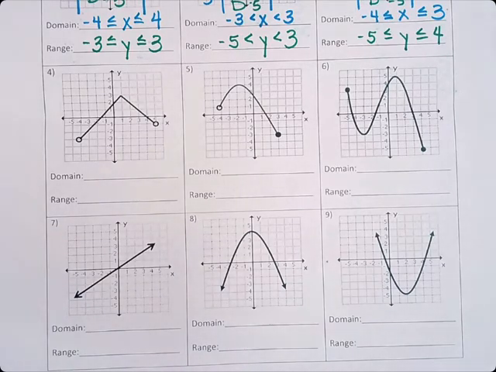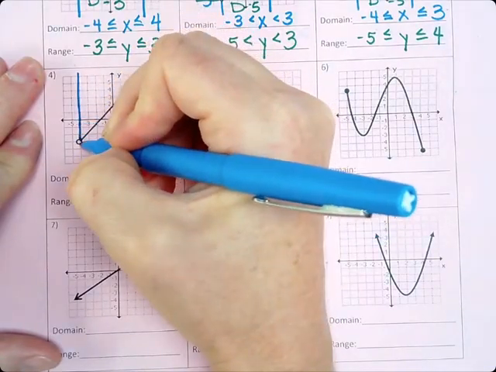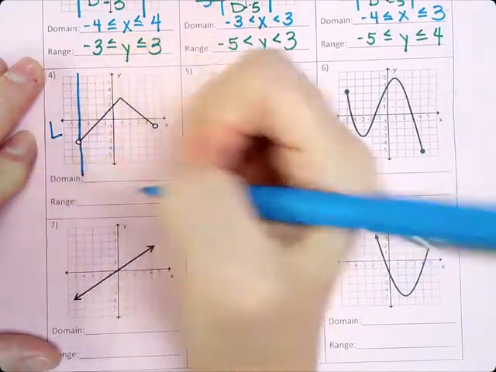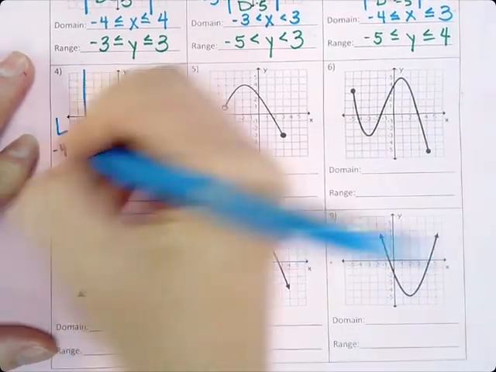So remember when we make our fence, we're making a rectangle. So don't do any diagonals or anything like that for domain. You're making a rectangle. So left side, it's at -4.